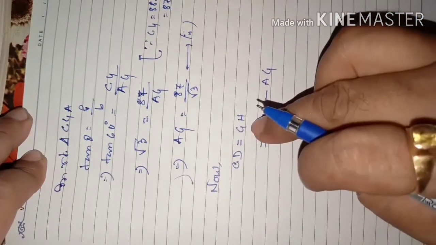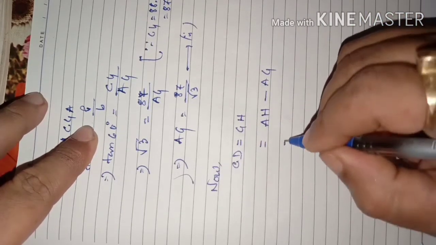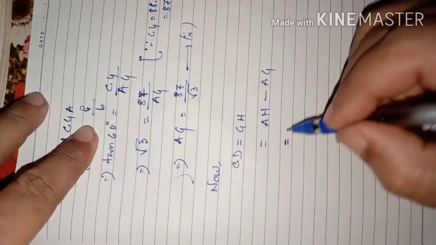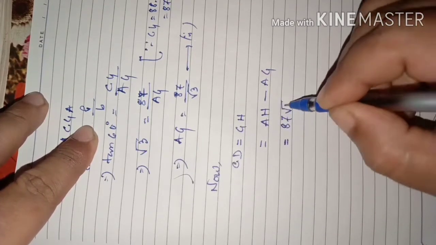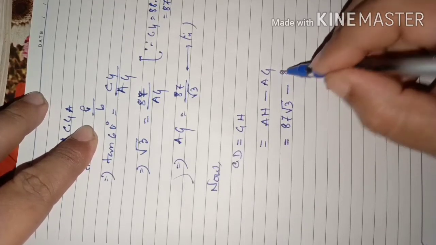AH is 87 root 3 minus AG, which is 87 by root 3.